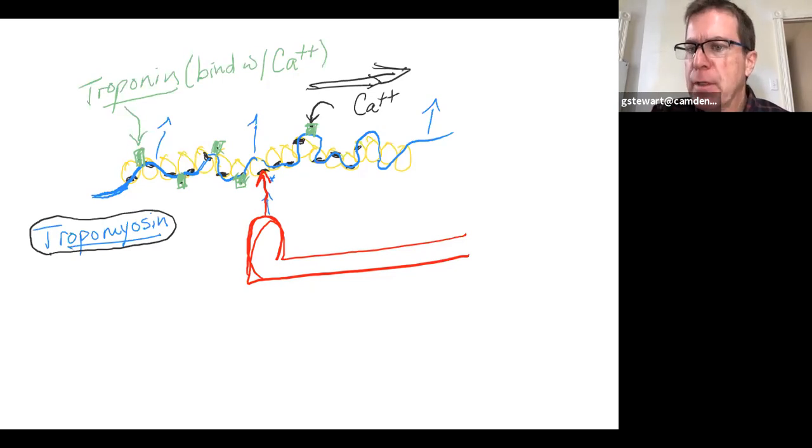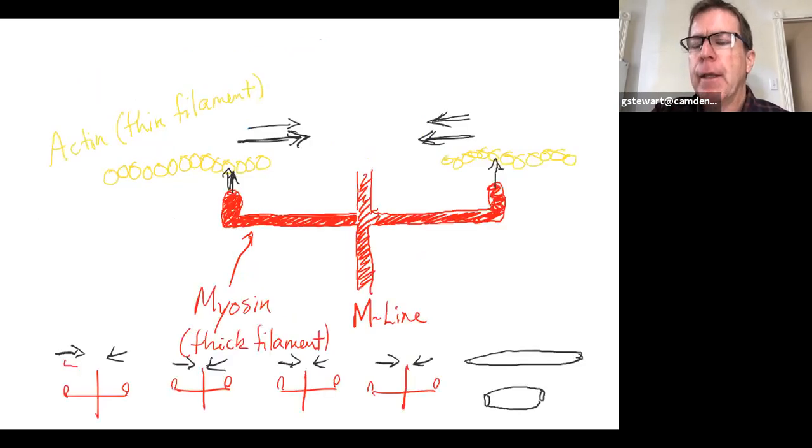And like my previous picture, this myosin head reaches up and binds when that calcium exposes the active site. And then the actin molecule, the yellow one, gets pulled toward the M line this way.